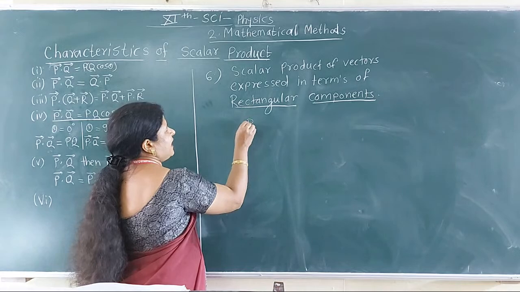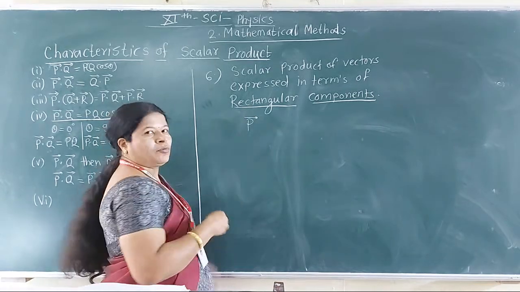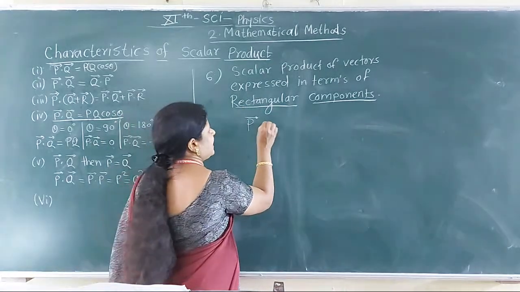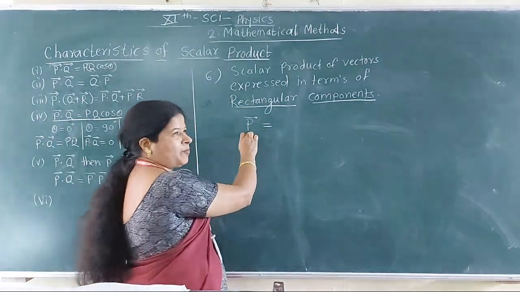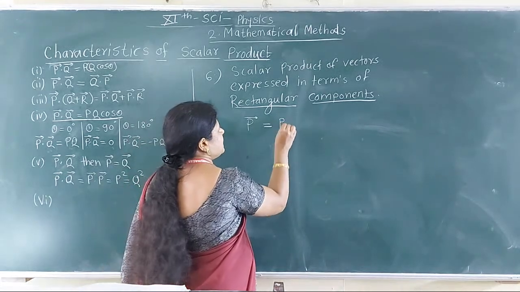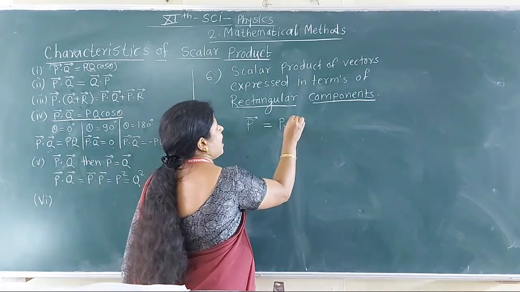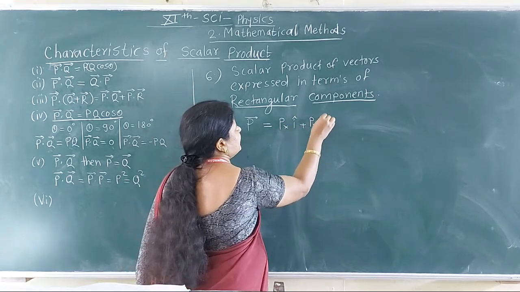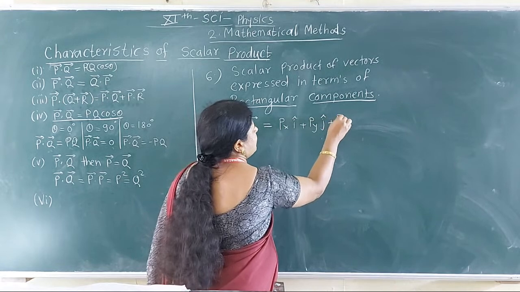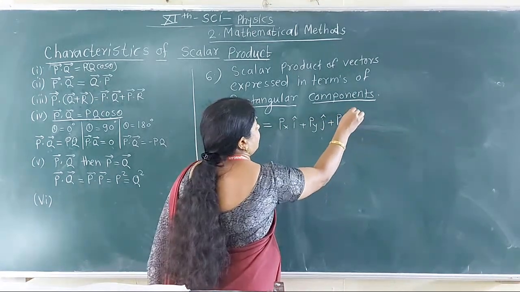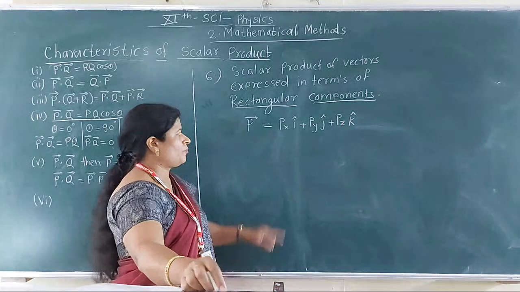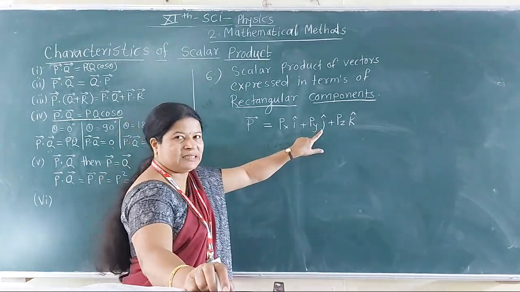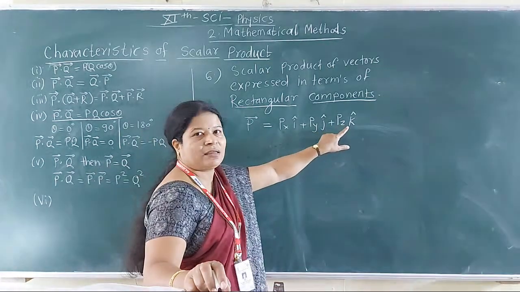If vector P is expressed in rectangular components, we can write it as Px i cap plus Py j cap plus Pz k cap.